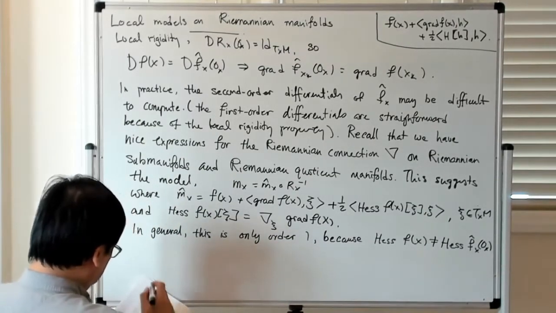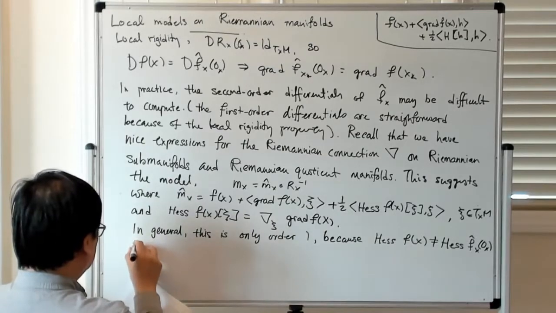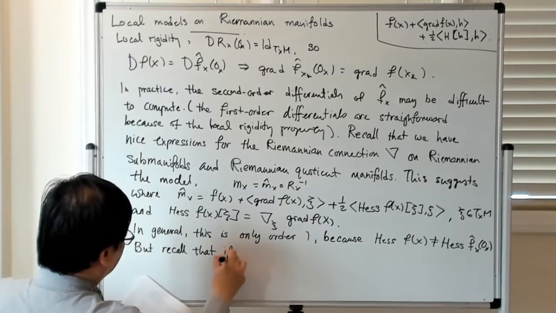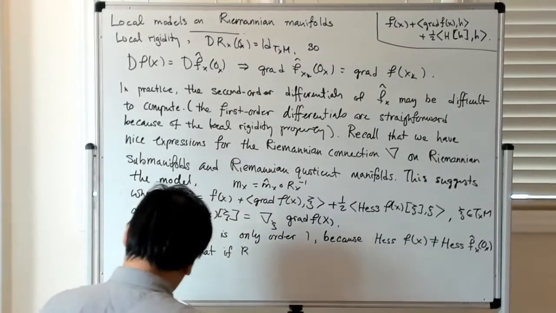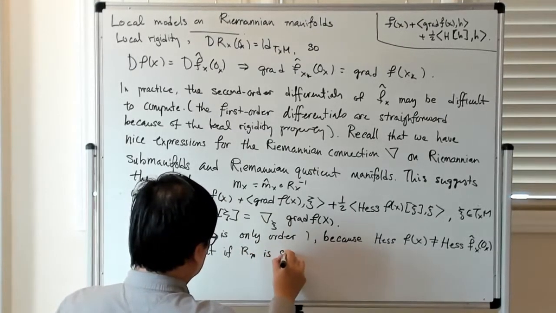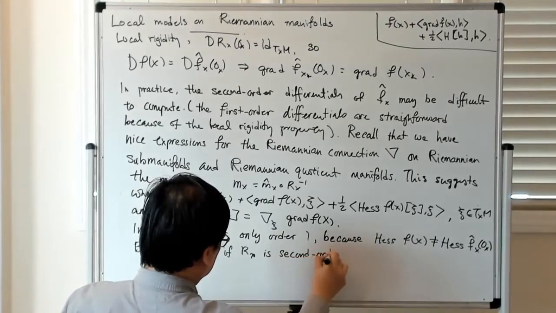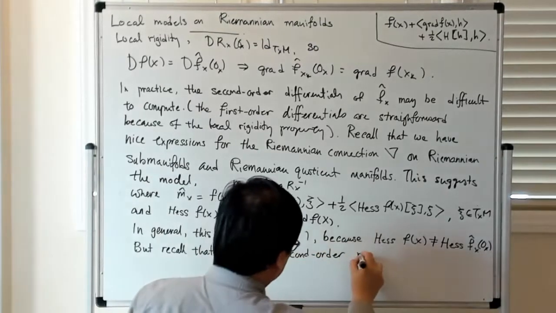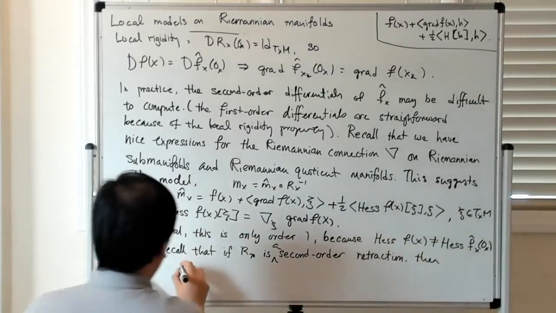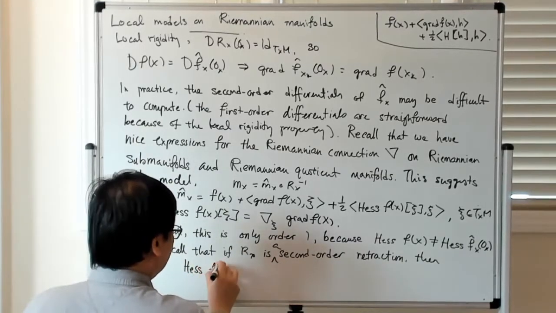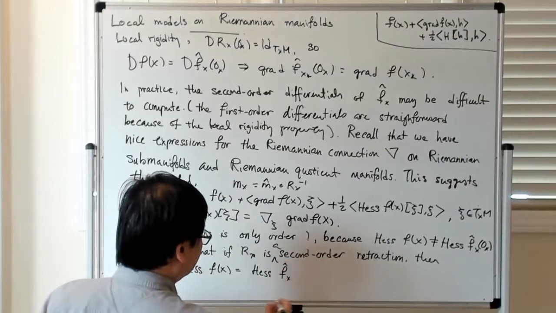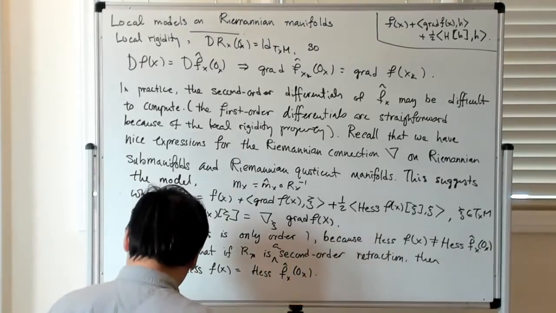Recall that if Rx is a second order retraction, then the Hessian of f of x actually is equal to the Hessian of f hat x at 0x.